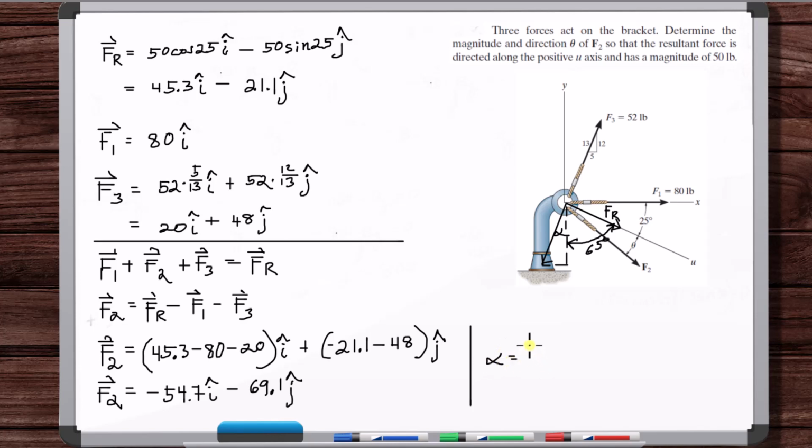Okay, so alpha is equal to arc tangent of opposite over adjacent. So just put the magnitudes, so 54.7 over, and then this is 69.1.